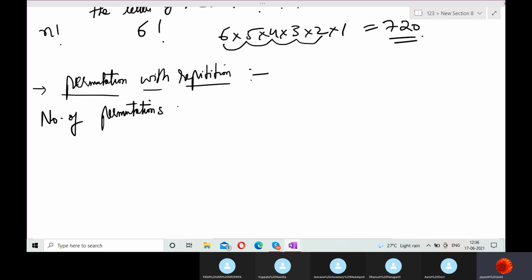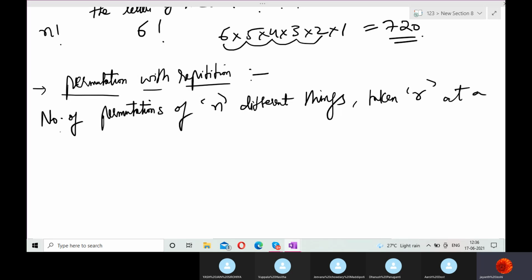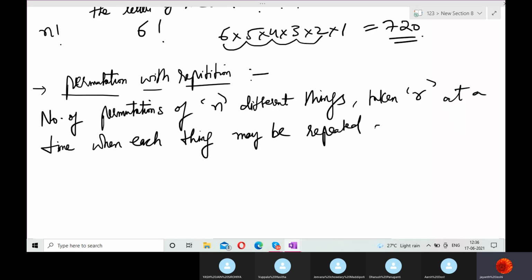Permutation of n different things taken r at a time when each thing may be repeated any number of times.